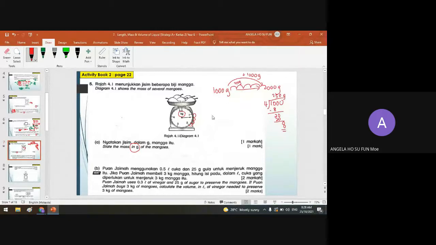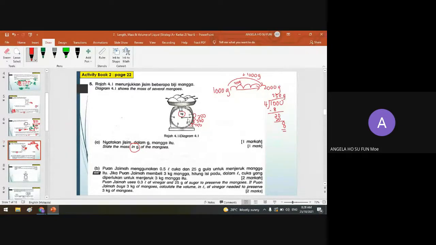So if here is 1, going here will be 250 gram. If I go here is 500 gram. If I go here, this is 750 gram. If I go back here, 1,000, so automatically it will change to 2 kilogram.